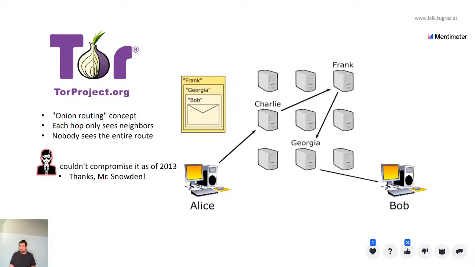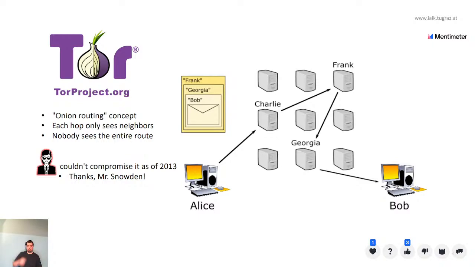We again have on the right our Alice and Bob setup, except they look different this time because I reused this picture from a different slide set. They're computers now instead of people. So Alice is talking to Bob. Before, we had this setup with a single proxy server along the way.